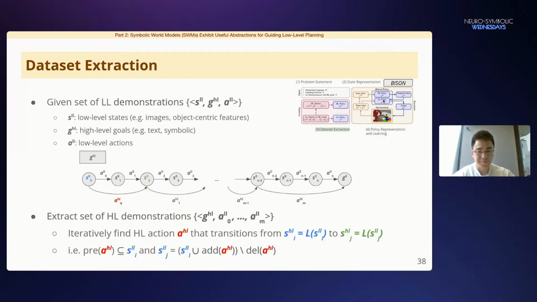In more detail, we first map these low-level states into high-level states, and then we find actions that satisfy the precondition and also explain the add and delete effects of the transitions. Again, we're going to use database query algorithms, similarly to how we were executing policies before.